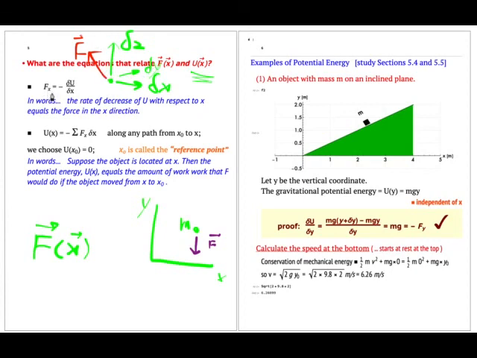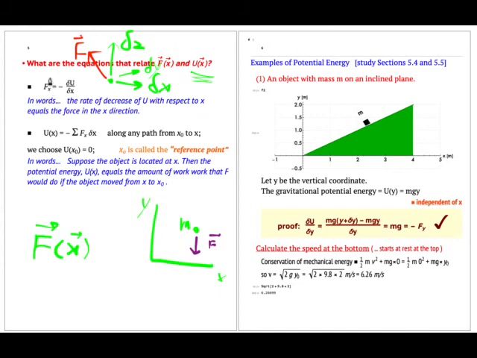The x component of the force is minus, negative, of the change in u when I make a change in the coordinate x. Delta u divided by delta x. And similarly, I have delta u over delta y, and delta u over delta z.